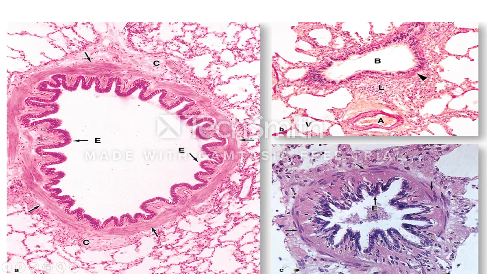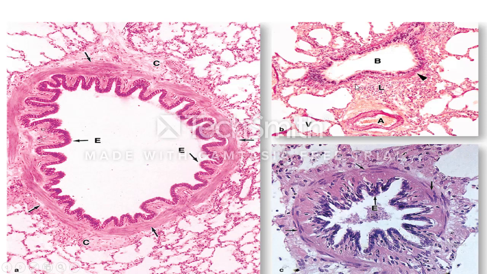This is bronchiole. Why? Because of mucosa folding. Okay, it has folding. And the epithelium is pseudo-stratified with motile cilia, and goes to simple columnar with motile cilia in this structure of terminal bronchiole.